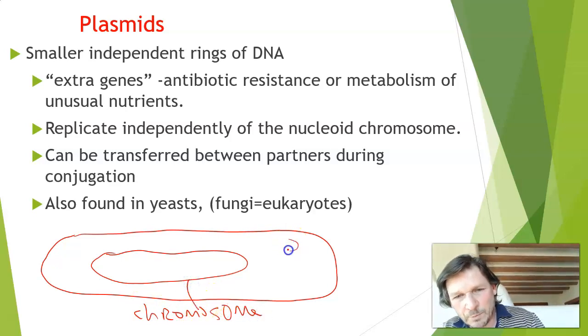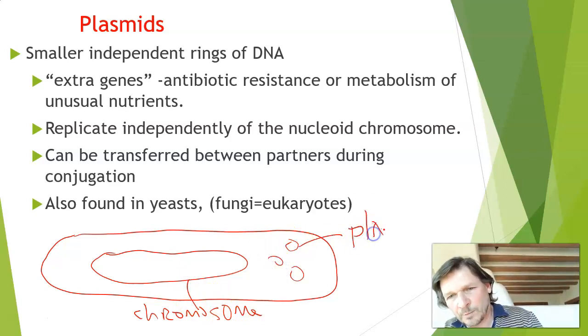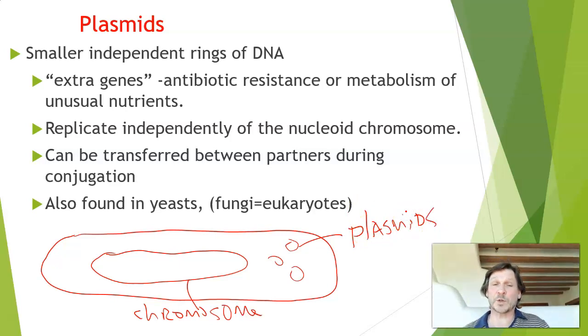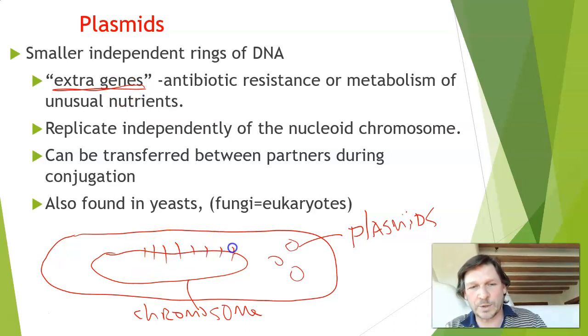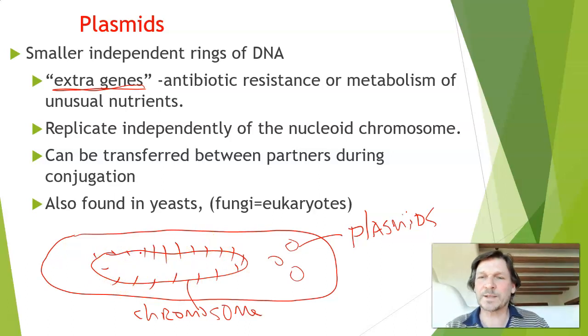It will have much smaller bits of extra DNA, and these will be plasmids. Usually we're always referring to it in plural because there are so many of them. And again, these are extra genes, right? Anything that pneumonia needs to be pneumonia is on its chromosome. That's what makes it that species, right?